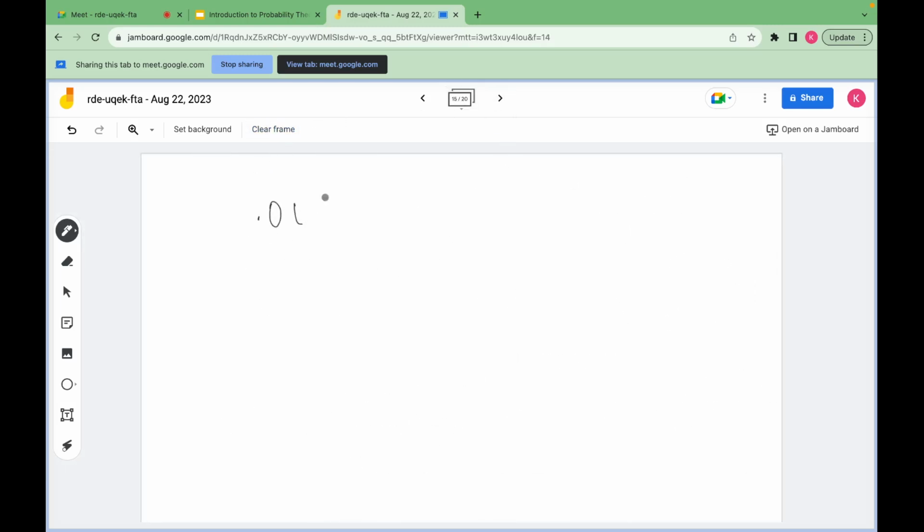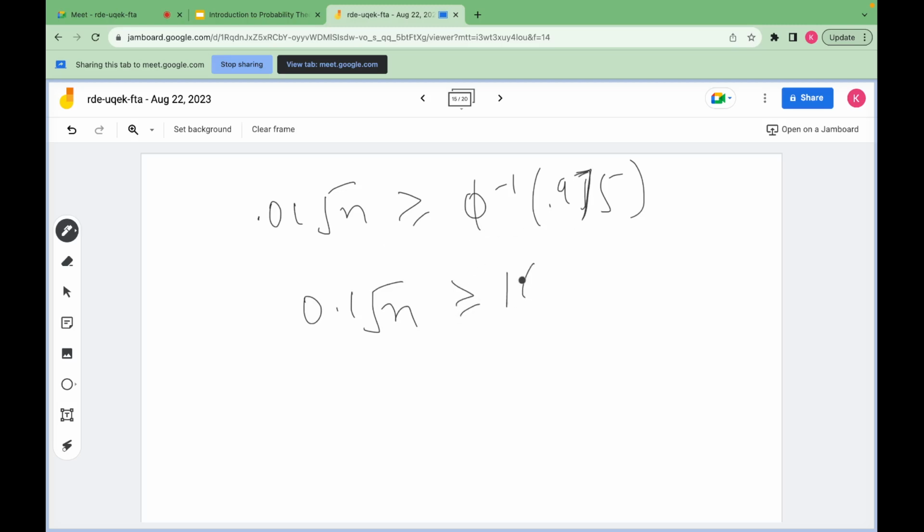So 0.1 root n should be greater than psi inverse of 0.975. So from the chart we will get this value, and this is 1.96.